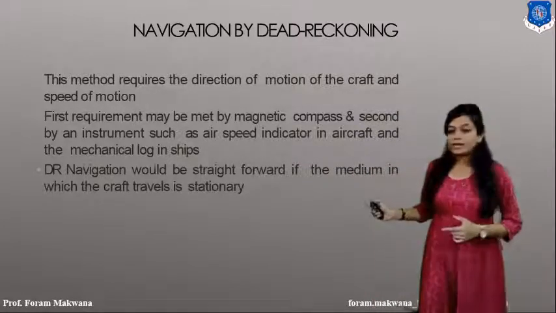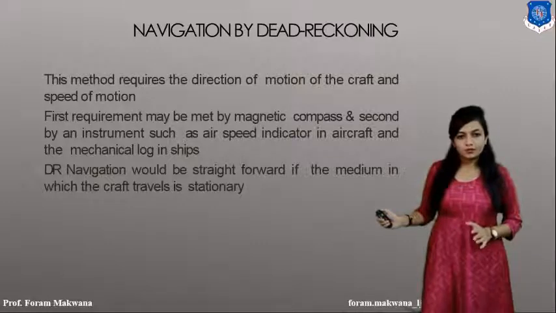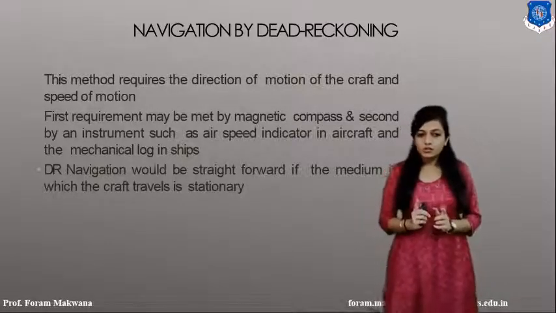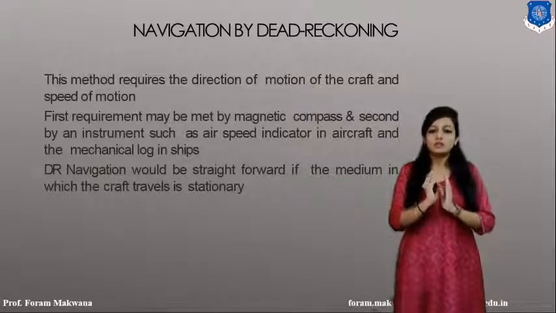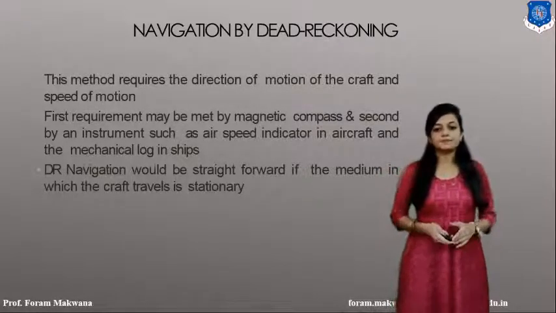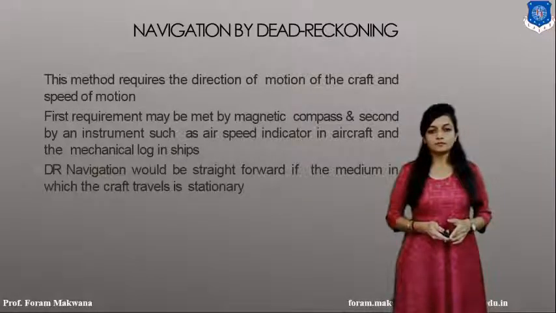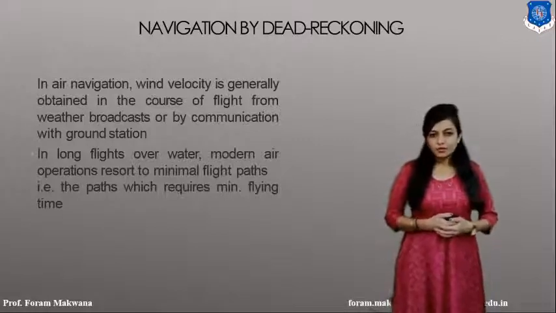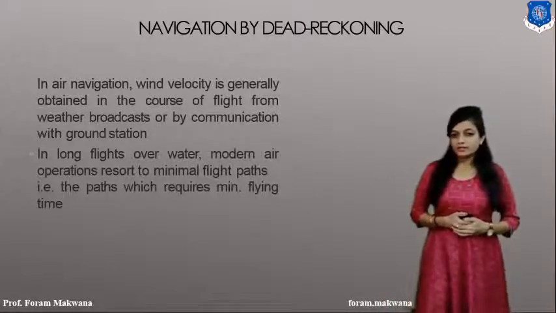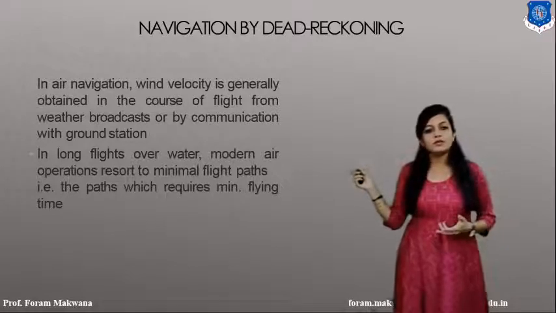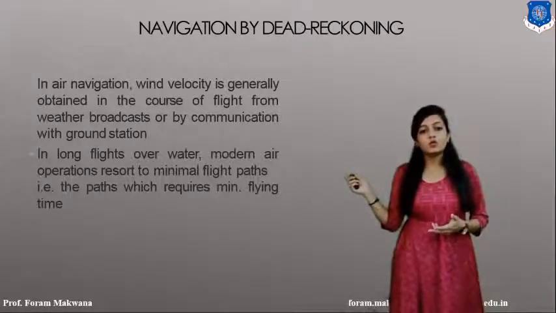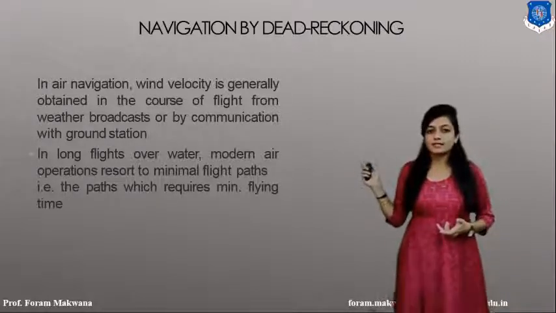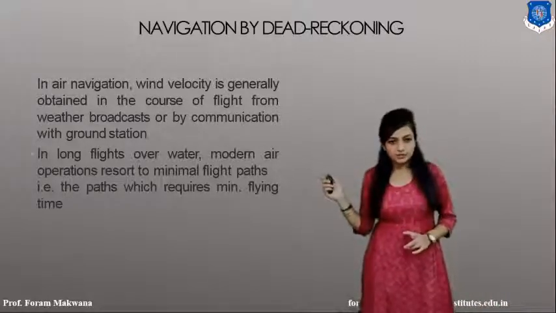So the dead reckoning navigation method is straightforward if the medium in which my aircraft travels is stationary. In air navigation, the wind velocity is generally obtained in the course of flight from the weather broadcast, or from communication with the ground station.